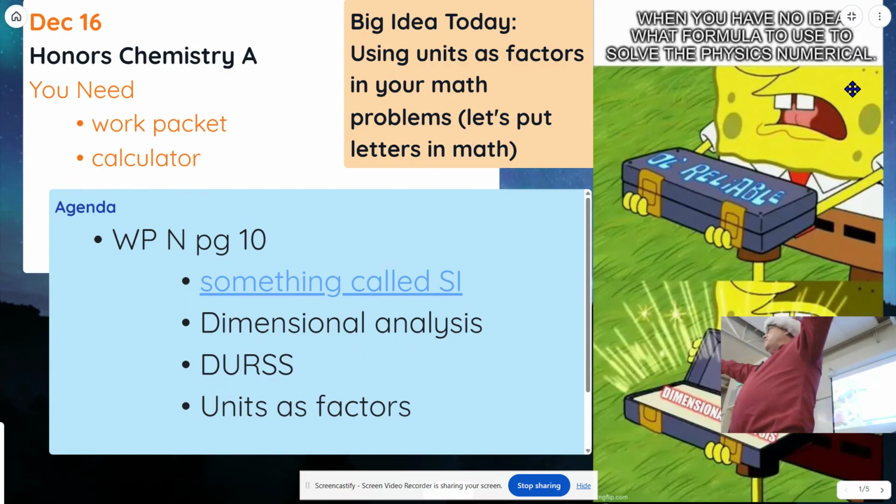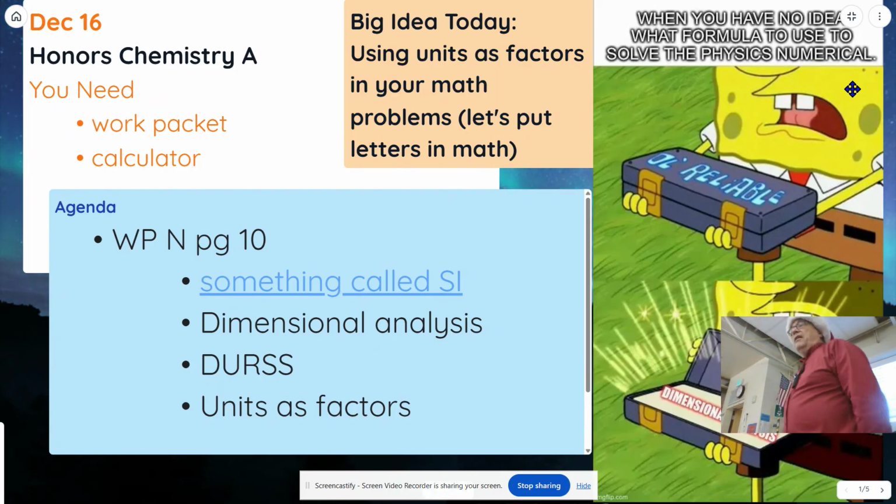And the physics equations that you see around the room, it appears there are 11 of them, all of those, or anything more complicated, if you know the final unit you're looking for, you don't even have to worry about an equation. You can just take the numbers that go with the right units and put them together to get the final unit, and there it is.